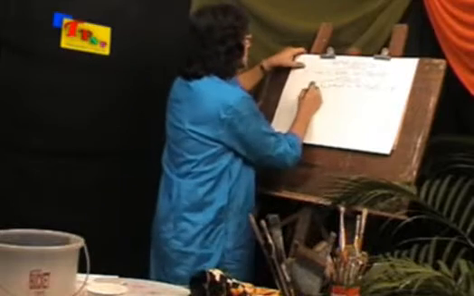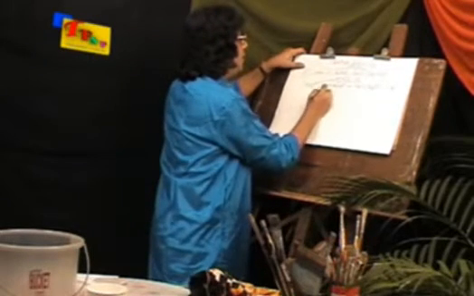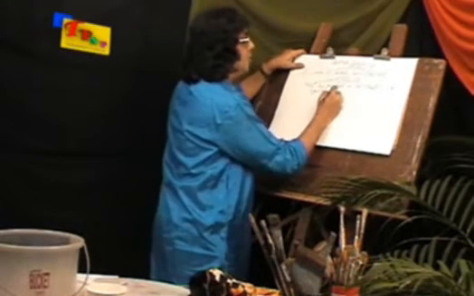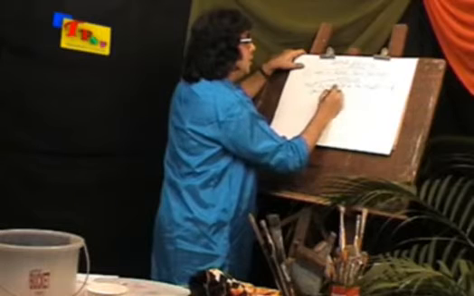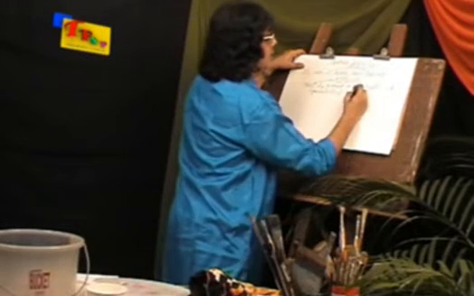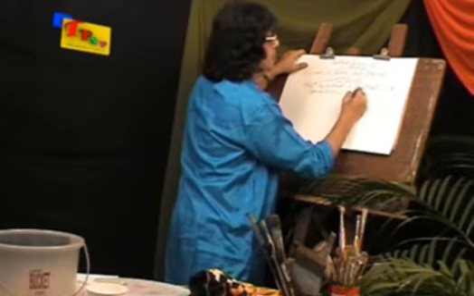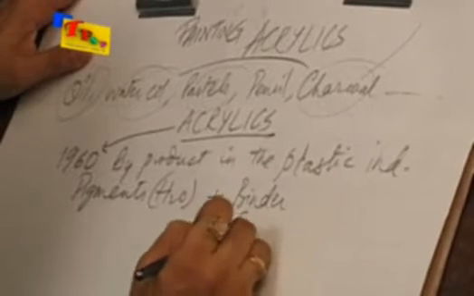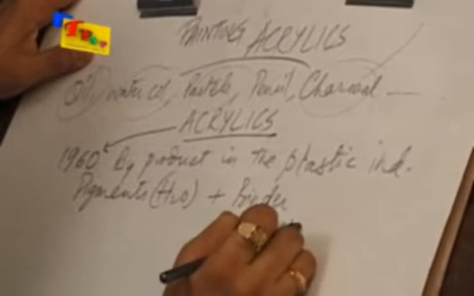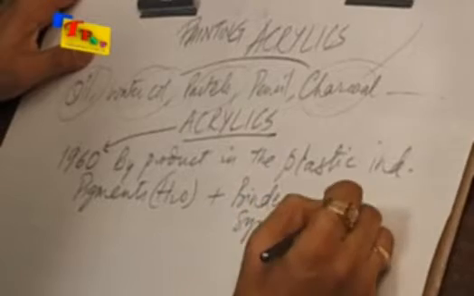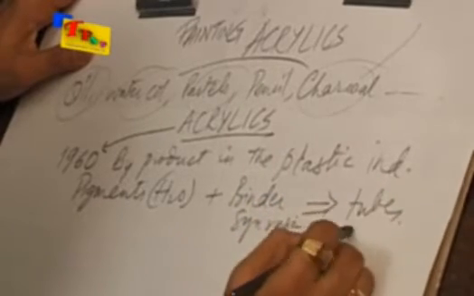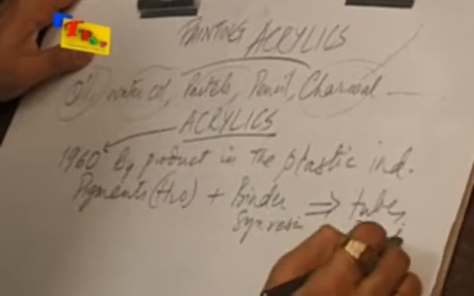It's a pigment. Acrylics are pigments which are water soluble and they are bound with a binder which is a synthetic resin, and then it is filled into tubes or is available in bottles.